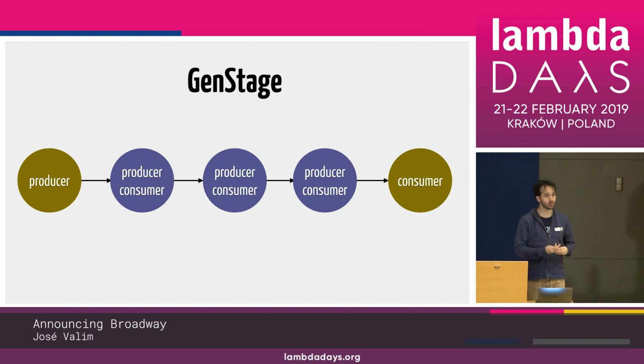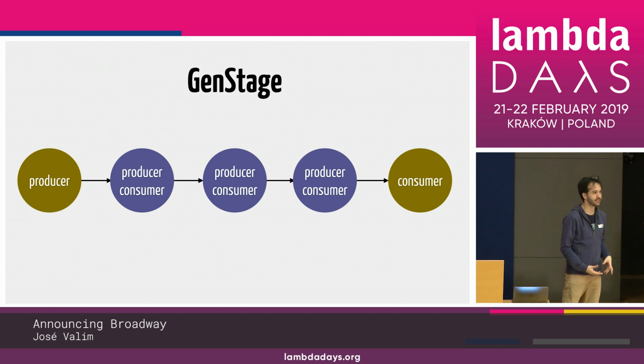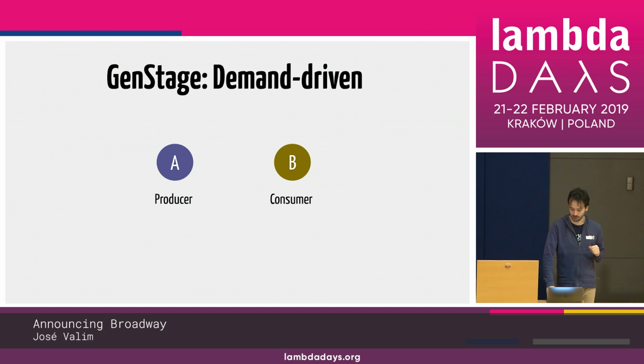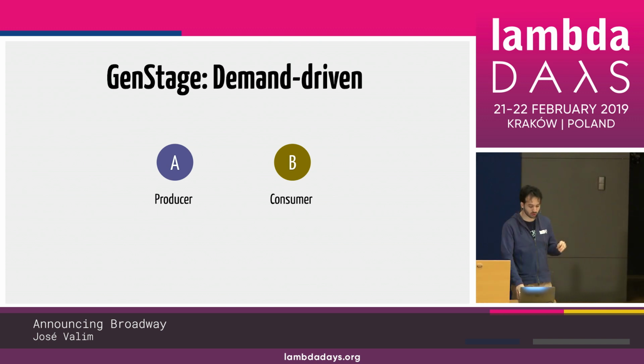And the way that GenStage works is that it is demand-driven. So a stage cannot just send data to a stage downstream. That's not how it works. The way it works is that the first thing that should happen is that the consumer subscribes to the producer. That's the first thing that happens, okay? And then after the consumer subscribes to a producer, the consumer can send demand.